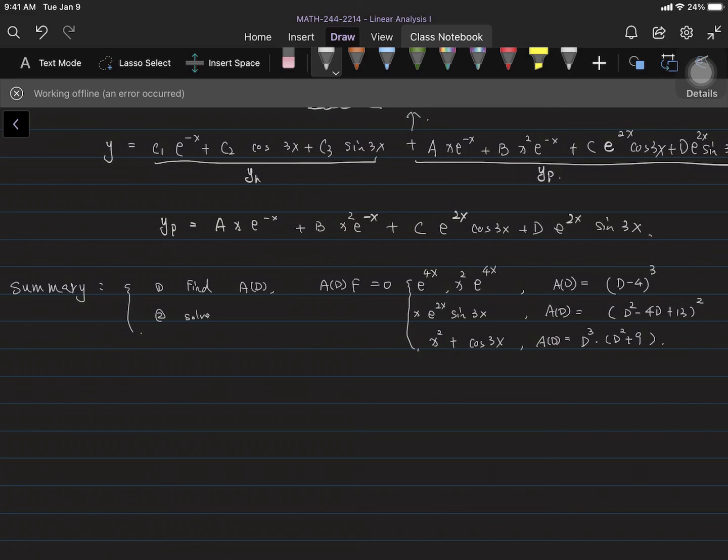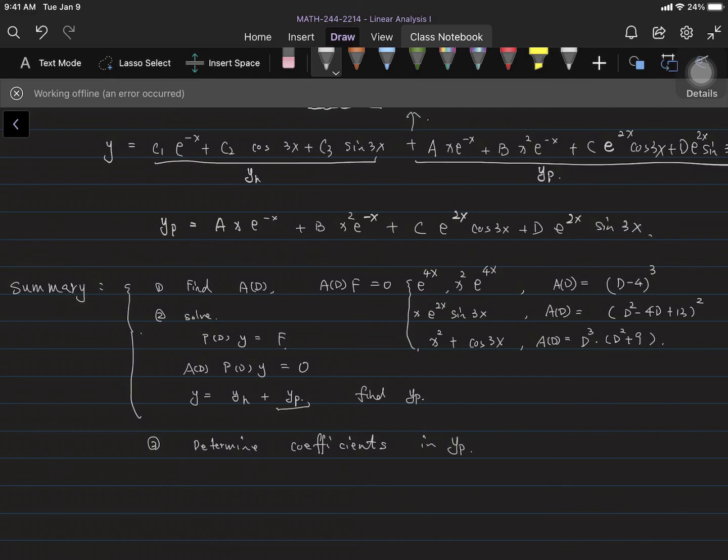Okay, first we need to know how to find AD. Second, we need to know how to solve P(D)y equals F: we multiply AD on both sides, make the right side equal 0, and then we write down our y as YH plus YP, and we find YP. Third thing, determine the coefficients in YP.